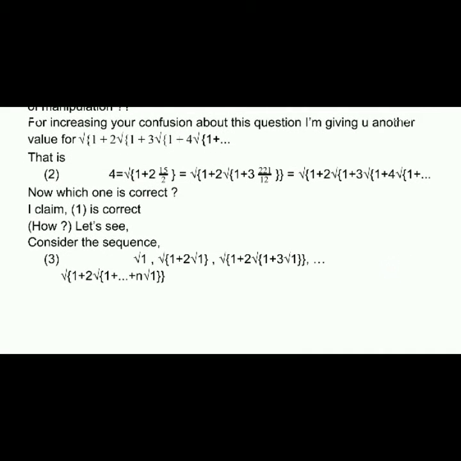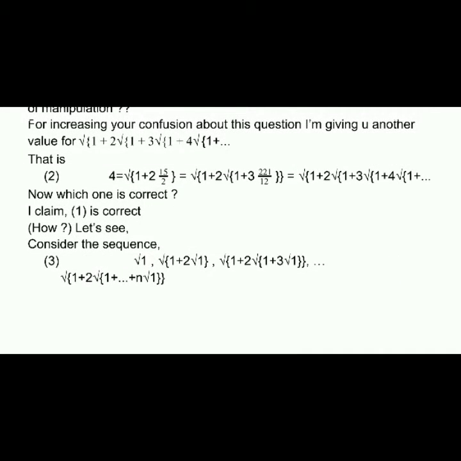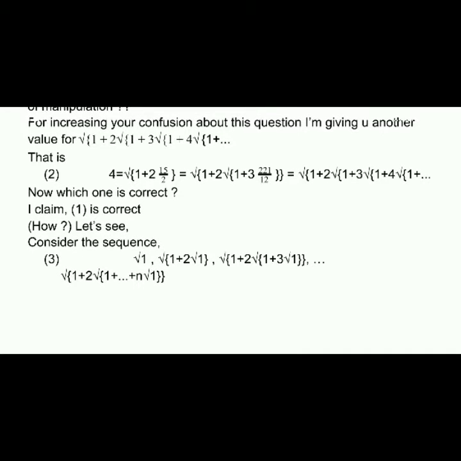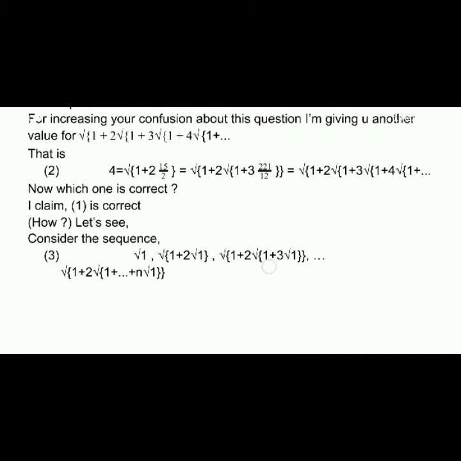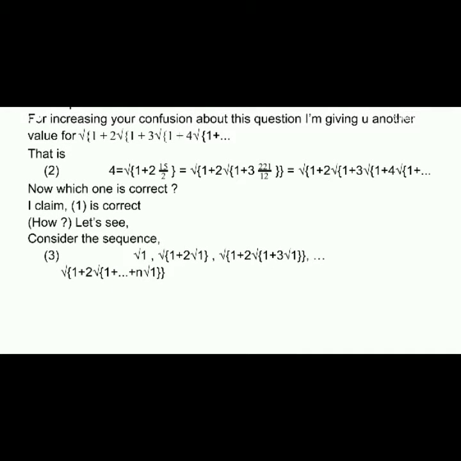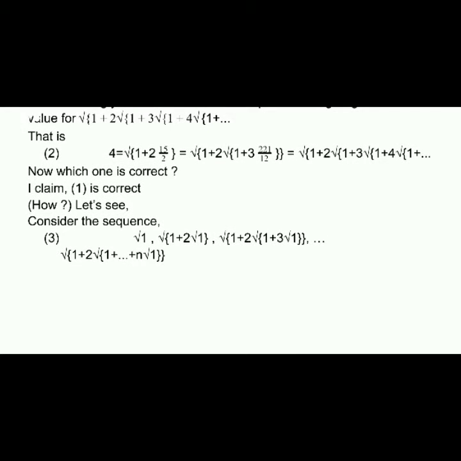So I considered this sequence: 1, as I mentioned earlier, then root 1 plus 2 root 1, then root 1 plus 2 root 1 plus 3 root 1, and so on. The nth term of this sequence will be root 1 plus 2 root 1 plus and so on up to n root 1.